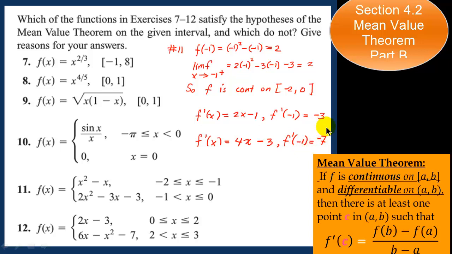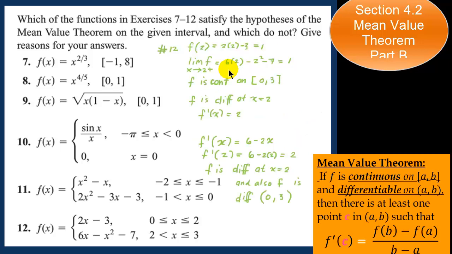So they should have the same derivative on both sides of -1, which tells us that based on these two things, we conclude that f is not differentiable at x equal to -1. So number 11 does not satisfy the hypothesis for the mean value theorem.